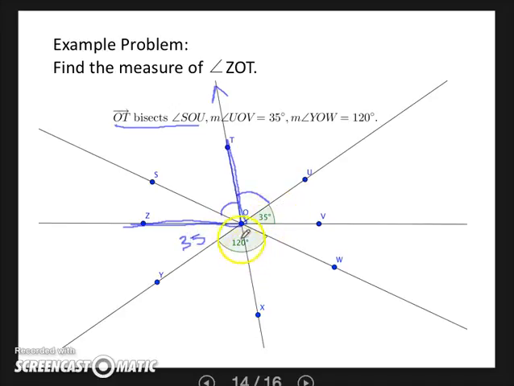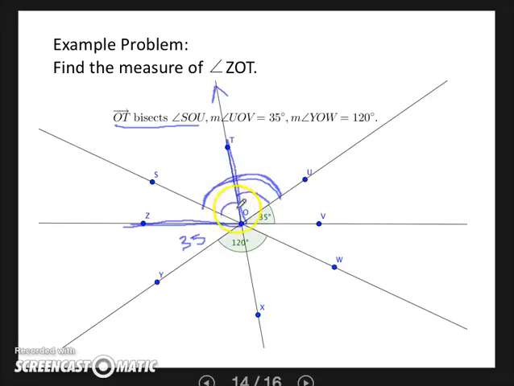Now, the 120-degree angle is a vertical angle with this entire angle, which tells me that the big angle here is 120 degrees.